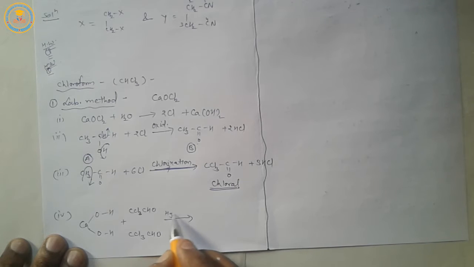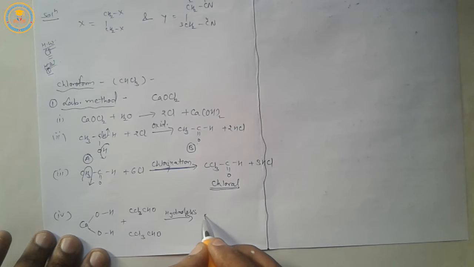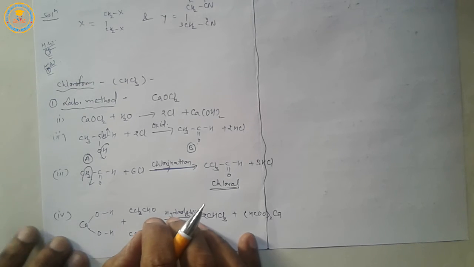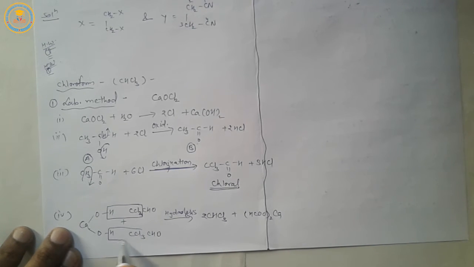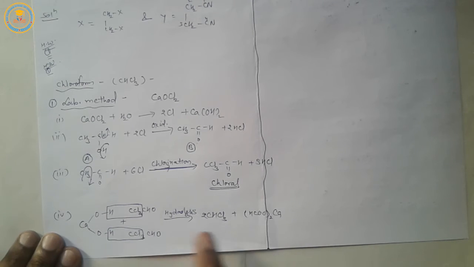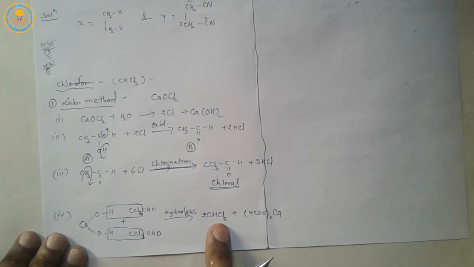After hydrolysis, chloroform is obtained. In this fourth step, after hydrolysis, 2 molecules of chloroform are obtained.